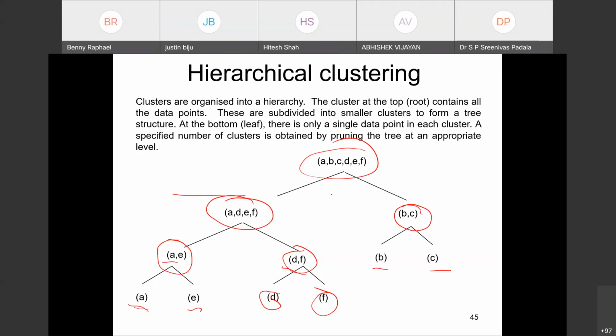So probably these two will become the clusters: one cluster consisting of A, D, E, and F, another cluster consisting of B and C. If you want three clusters, again you look at where you need to prune the tree, and you find an appropriate location where you can prune the tree, and you identify the number of clusters. Okay, so these are two common clustering algorithms.